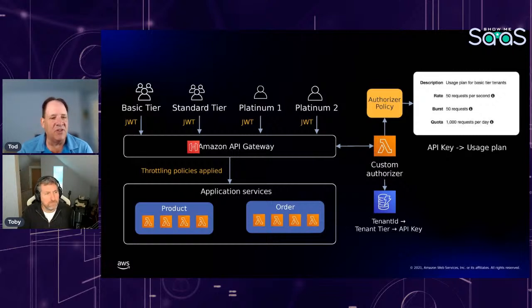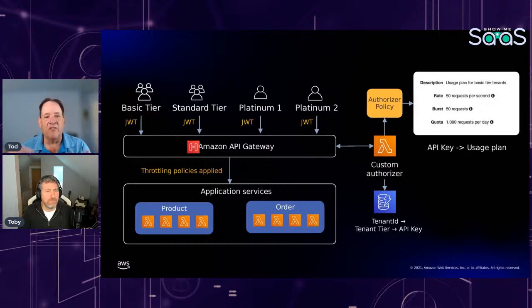Then during the processing of the request, they used an authorizer to resolve the tenant context to a specific API key, and then made the API key the source of the request. And by making it the source of the request, it could apply the policy.